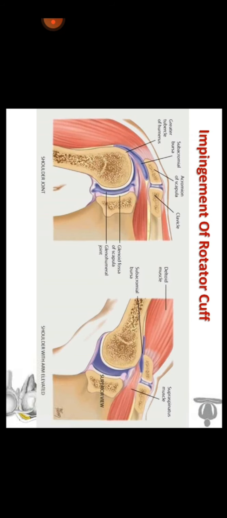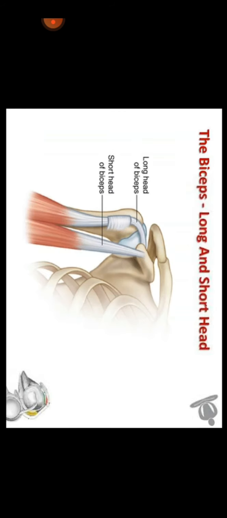In these cases, X-rays are normal, and sonography will show the exact defect. But in today's era, we prefer MRI over sonography. So these are some important points related to impingement of rotator cuff.